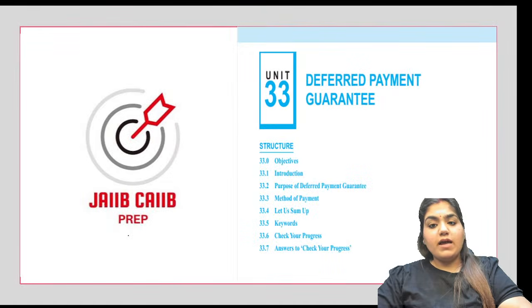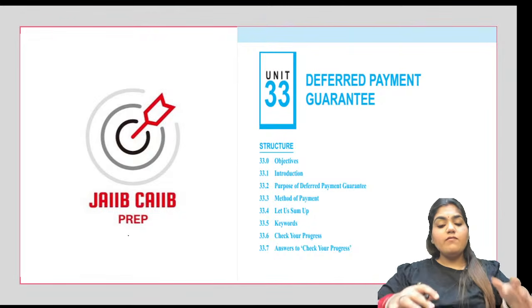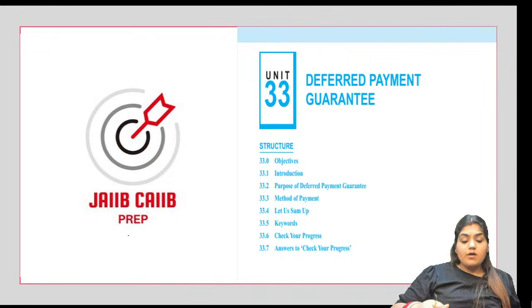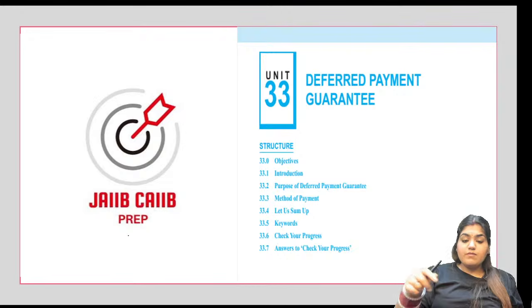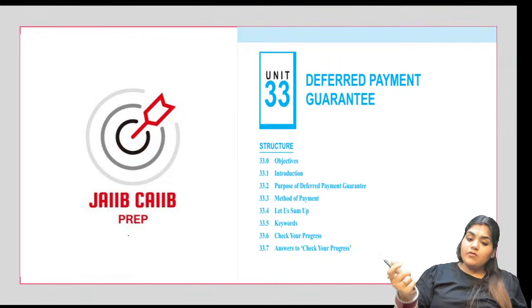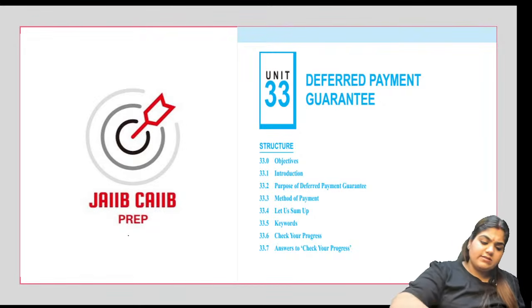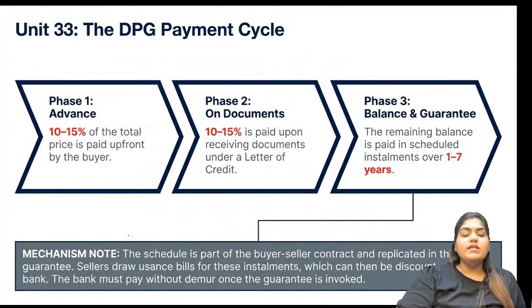Now we have deferred payment system, deferred payment guarantee. Deferred payment guarantee means when we have to buy expensive machines from outside India, we don't make the payment right now. We give some amount, and we can give an advance, we can give some amount by letter of credit, and the remaining gets paid within 7 years. 1 to 7 years is when the installments get paid.